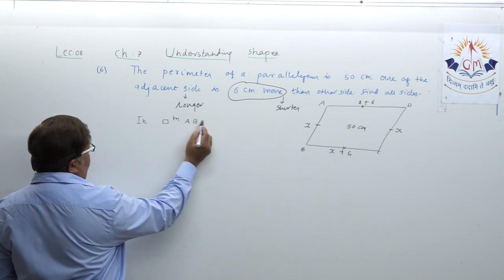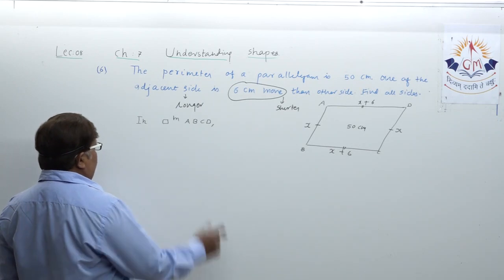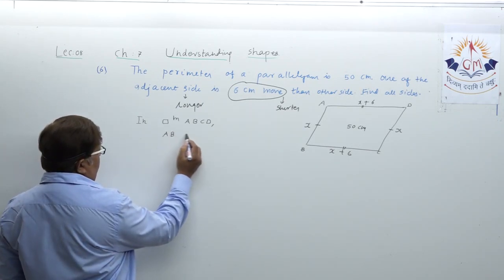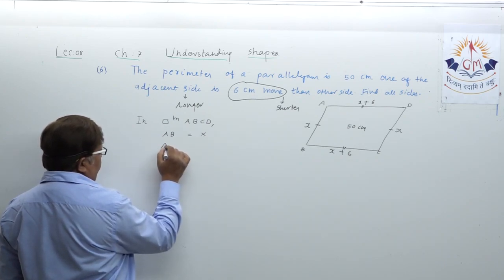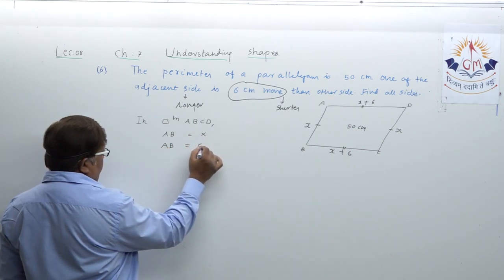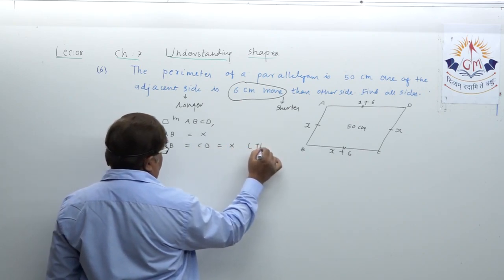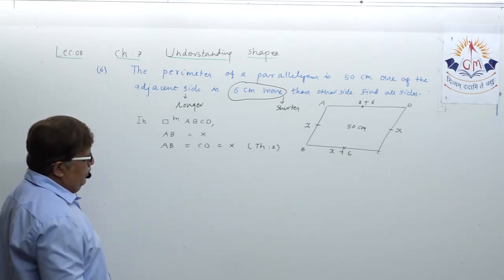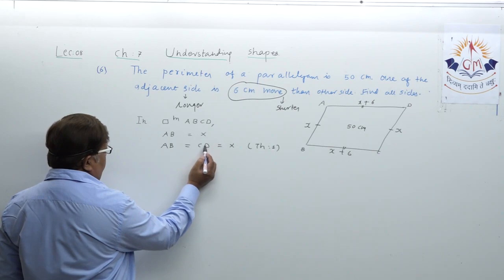Now dear student, let us continue solving this sum in parallelogram ABCD. Let me write AB equal to x. Now you will mention AB equal to CD equal to x. The reference is theorem 1, which says that opposite sides are equal.